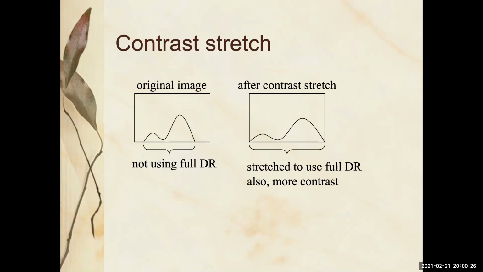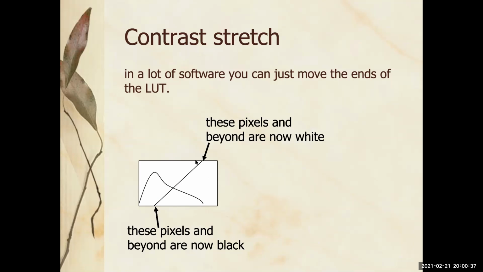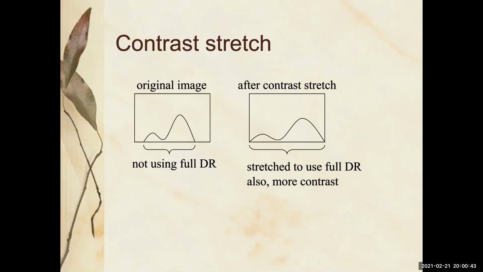So why do we call it a stretch? A lot of people are like, what do you mean a stretch? I feel like I just moved the parameters in. I just made things smaller, right? Yeah, it looks like that, but what you've actually done is taken all your data and spread it out more because you weren't using the full dynamic range.